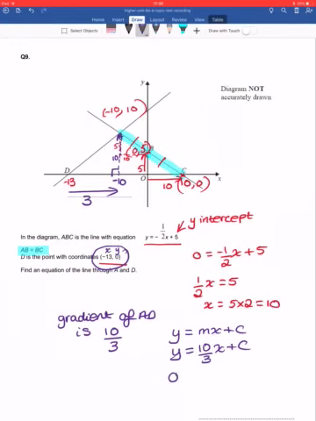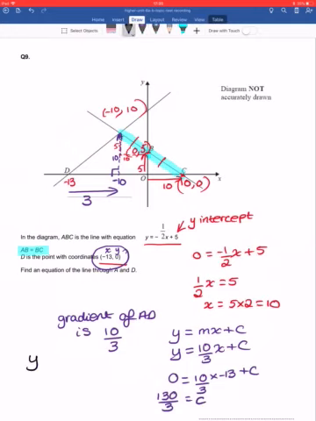So I'm going to put 0 equals 10 over 3 times minus 13 plus c. So if I take that to the other side, I get 130 over 3 equals c. So it's really nasty numbers, and you probably thought at this stage that you might have got it wrong because of the numbers.